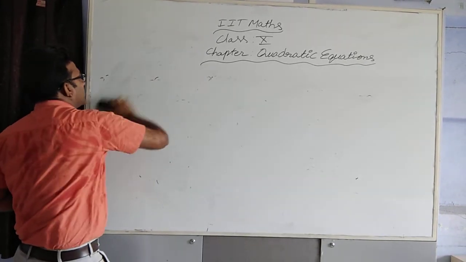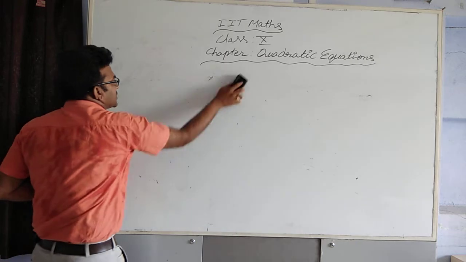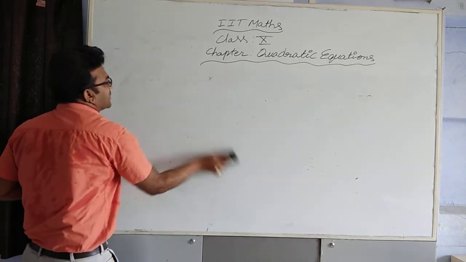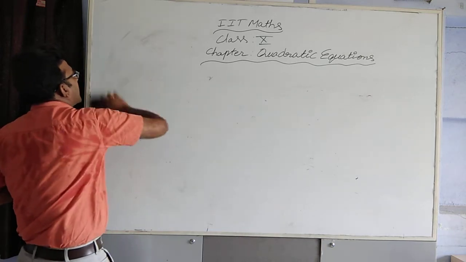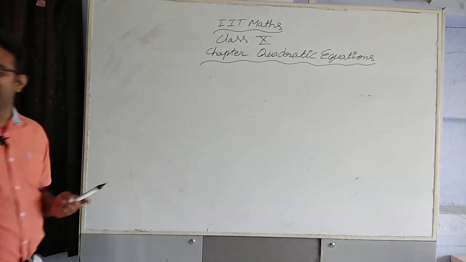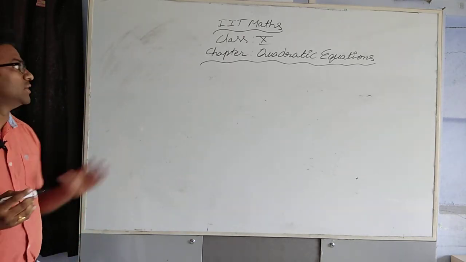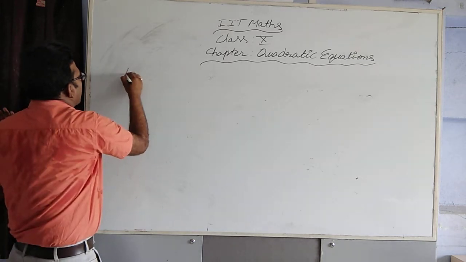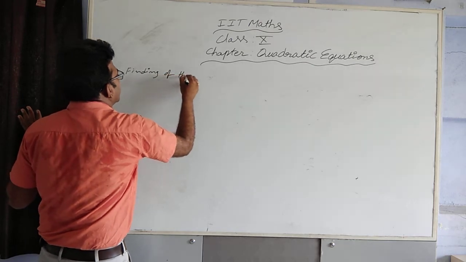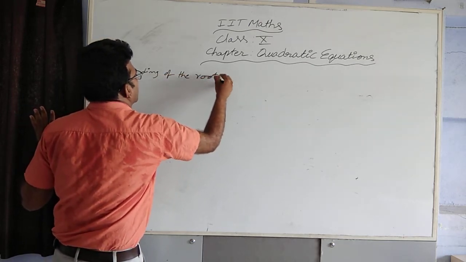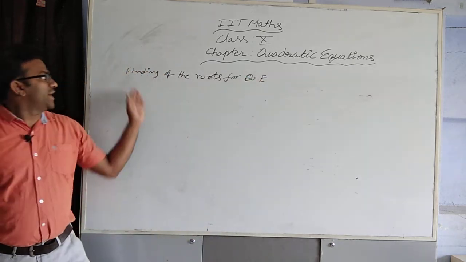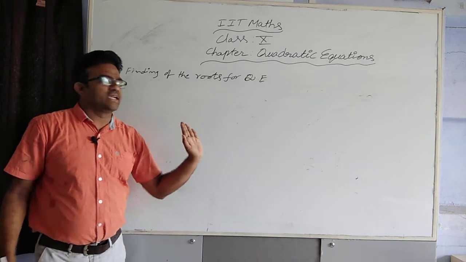The first one is the factorization method, the second one is the square completion method, and third, by using the quadratic formula, we are going to find the roots of the quadratic equation.